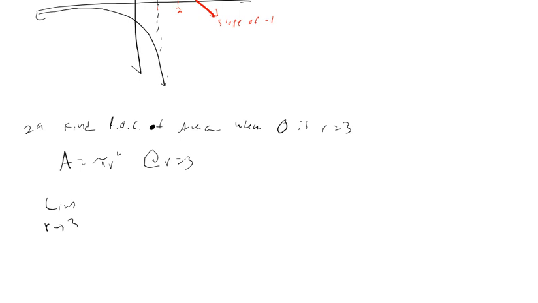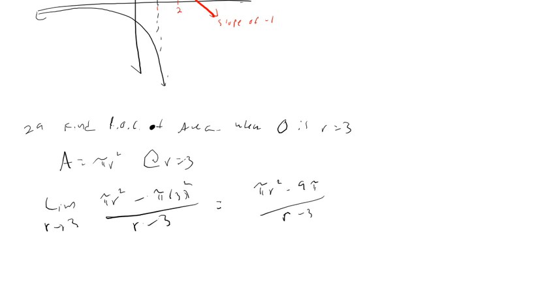Use the formula itself: pi r squared minus pi times 3 squared, over r minus 3. Same as before, I got pi r squared minus 9 pi over r minus 3. Now I need to do a little manipulation here. I've got this pi everywhere.